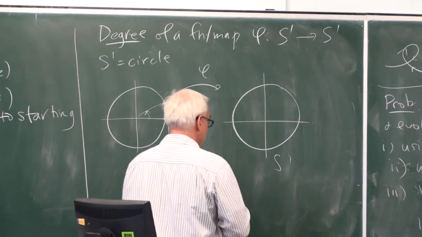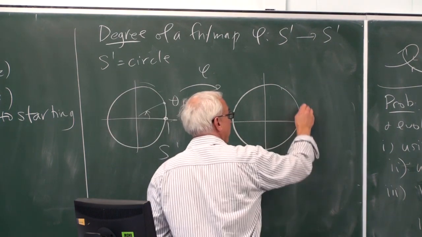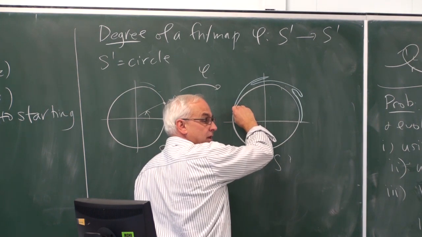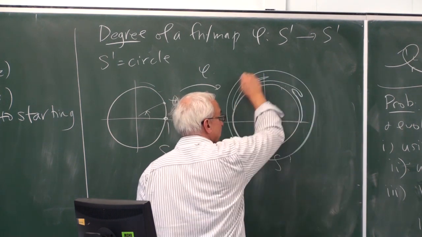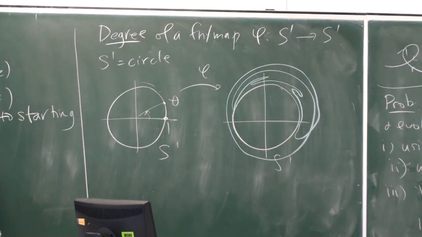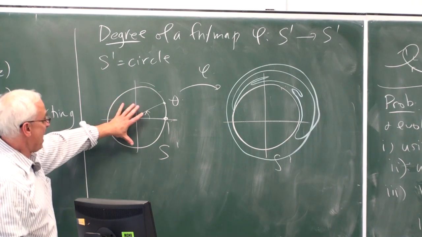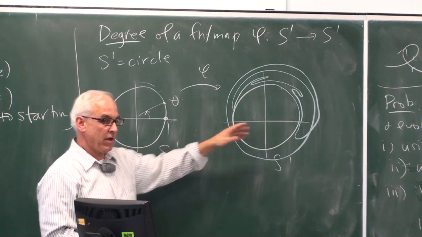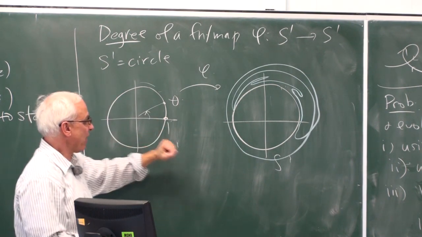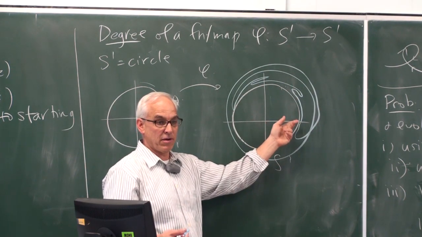So what we do is we look at the image as we go around here once. Well, the image is going to be something that wanders around the circle, and it can do rather arbitrary things. And eventually it will come back to where it starts. So any continuous map or function from the circle to the circle has a sort of a picture, something like this. As you go around here from 0 to 2 pi, the image is going to wander around the circle in some fashion or another, depending on the function.